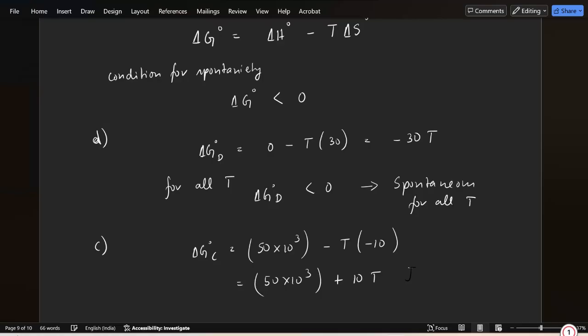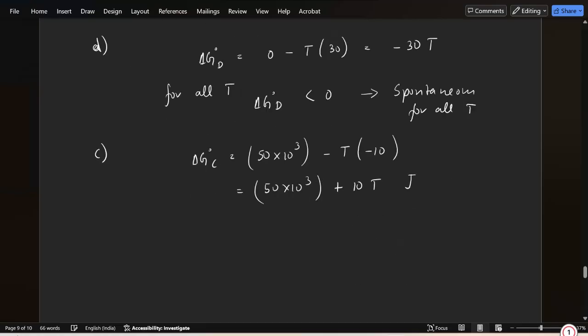Will this condition ever be spontaneous? For any T, delta G not C is going to be what? Less than 0 or greater than 0? For everything, there is no negative value at all here.